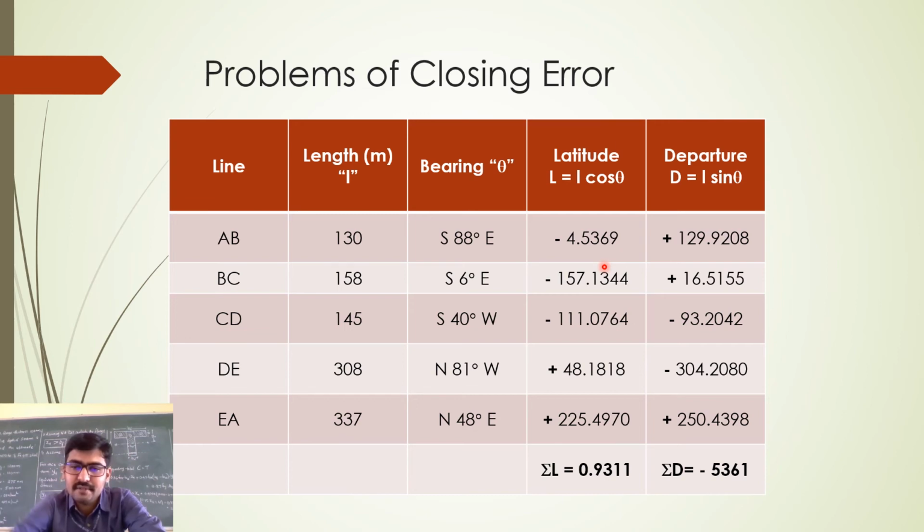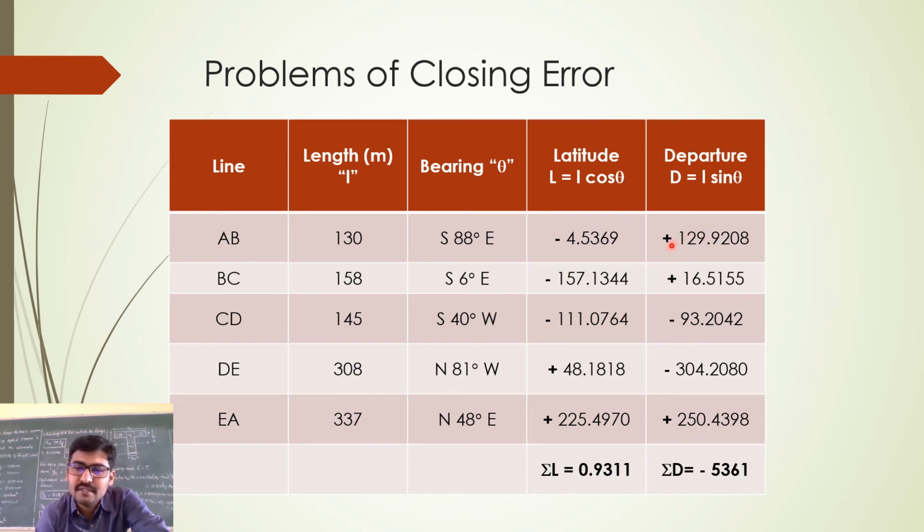That is very important. So the southeast quadrant, first line AB: southeast quadrant, latitude will be negative, departure will be positive. That is the reason why I have written minus and plus here, right? So it is going to be 130 cos 88 is this, and 130 sin 88 will be this.